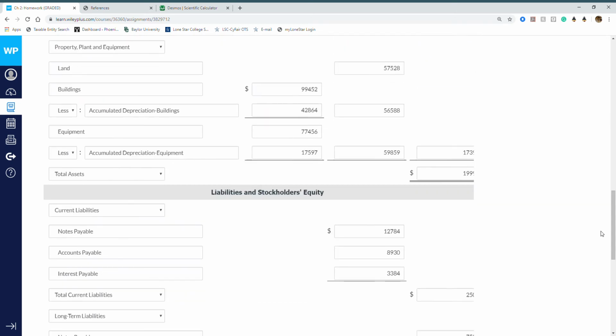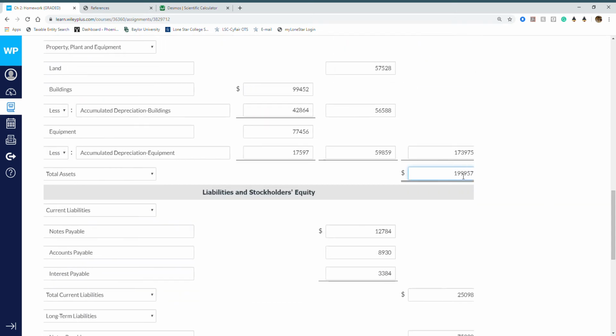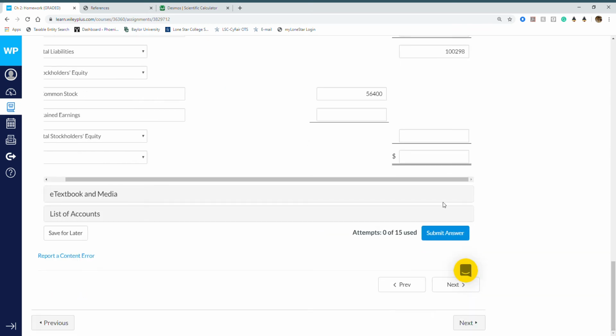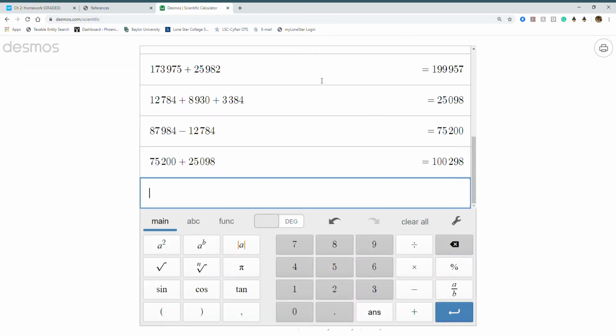First off, we've already calculated our total assets, and knowing how balance sheets work, our liabilities and equity must equal the same number. So right now we have our total liabilities, we have common stock. We know if we add those together, that would equal our total liabilities plus equity, but we're missing a number. So we can actually do this, and this is a little bit quicker.